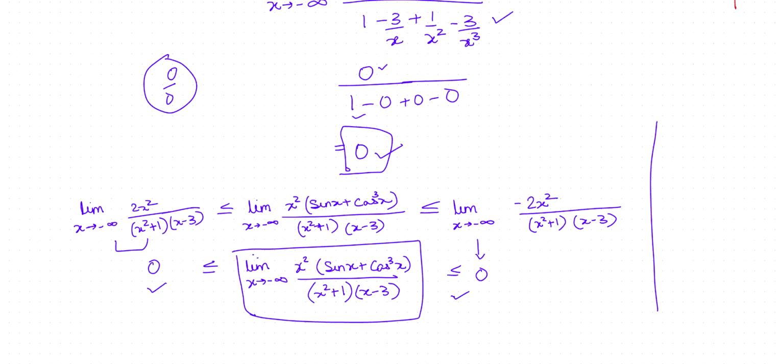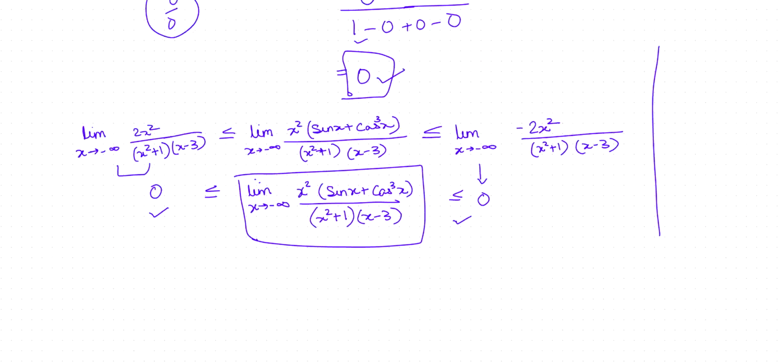It means that the limit must be equal to 0. So that is our answer. From the squeeze principle, we can make out that the limit of the function given here is equal to 0.